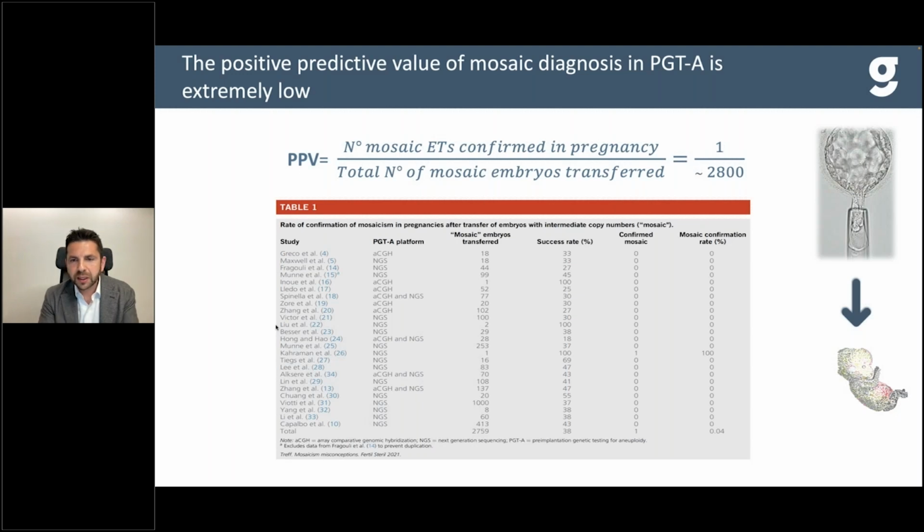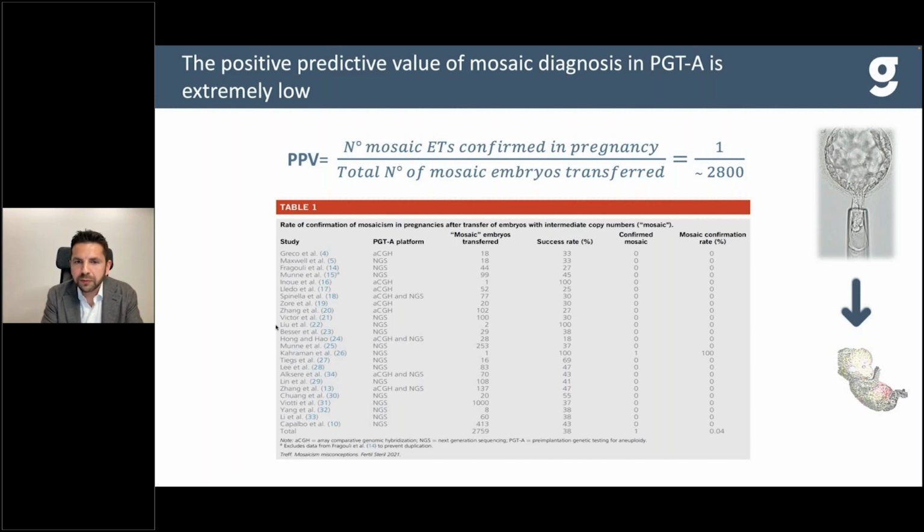They are putting all together the embryo transfer outcomes and in how many cases the same mosaic finding observed in embryos was confirmed in later stages of pregnancies or in the newborn. And this was quite easy because there was only one case in the medical literature where we had a confirmation of the same mosaic finding in embryos and also in the newborn. Of note, this newborn was also free of any phenotype and it was healthy.